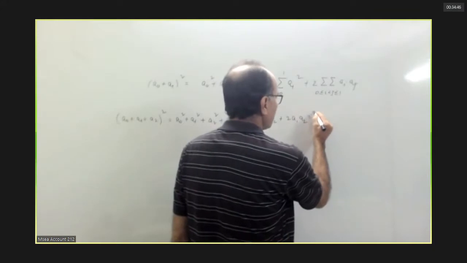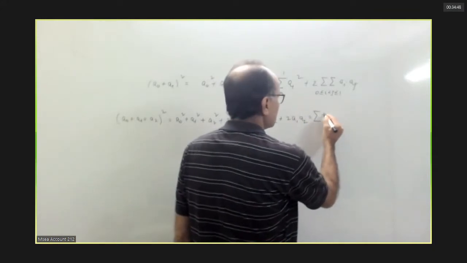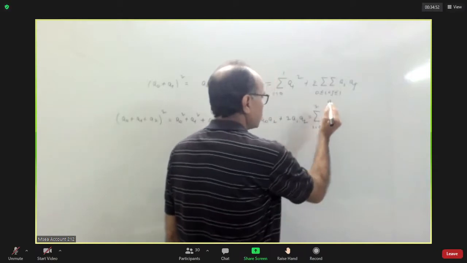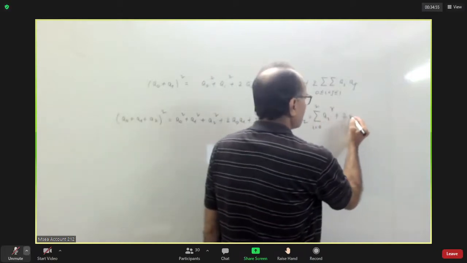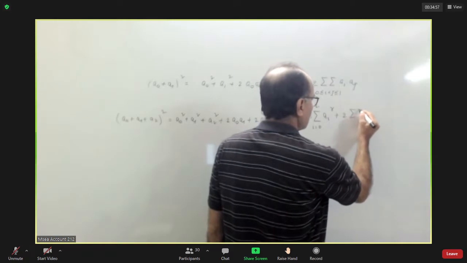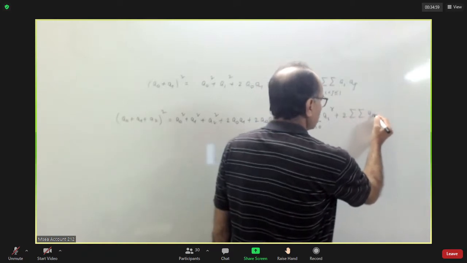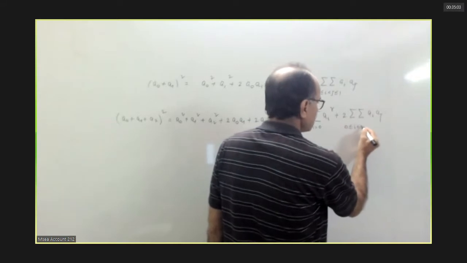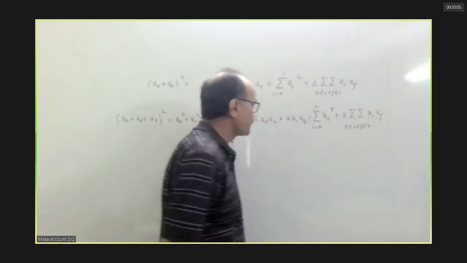In summation form, I can write it as summation of ai square, 0 to 2, plus 2 times double summation of ai aj, 0 less than or equal to I less than j less than or equal to 2.